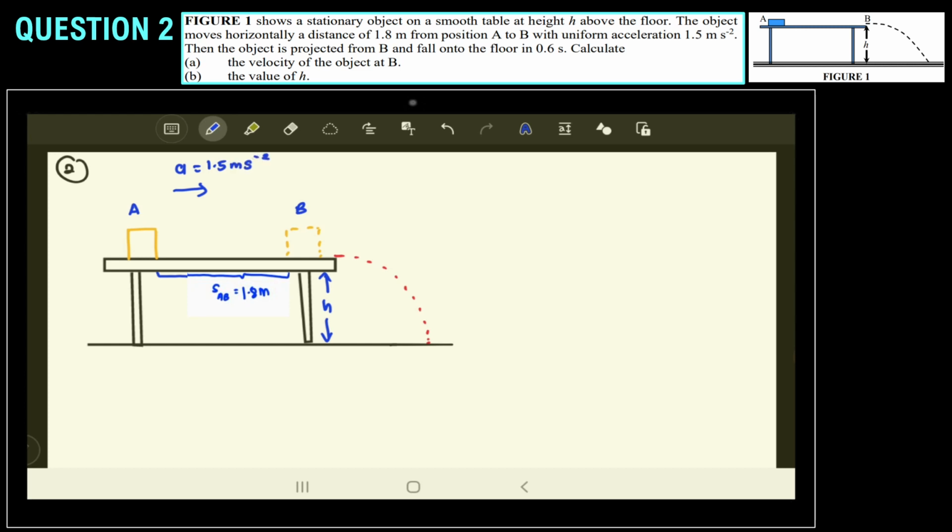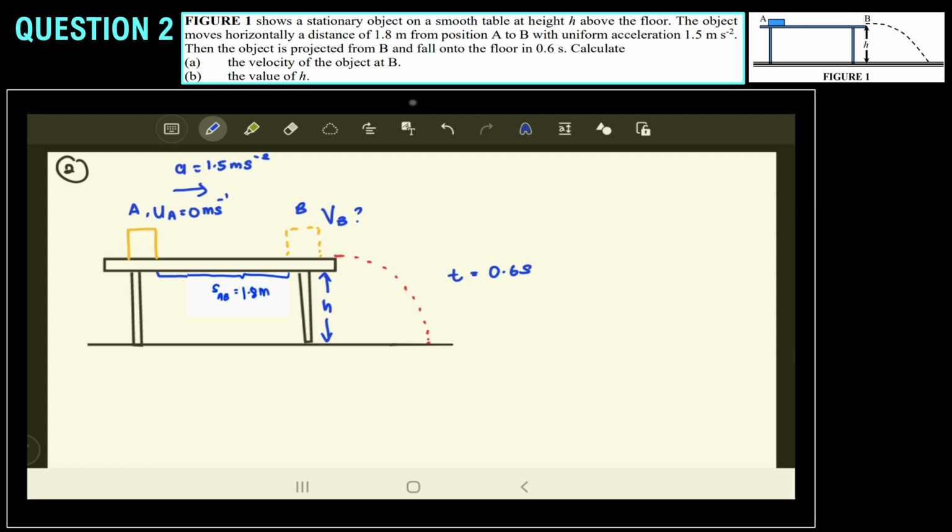And the time taken from the top of the table to the floor is t equal to 0.6 second. So now we want to calculate what is the final velocity of the object at point B, VB, and what is the value of h. So before we start, let's put UA, since the object is stationary, so we have 0, and I want to find what is VB here.